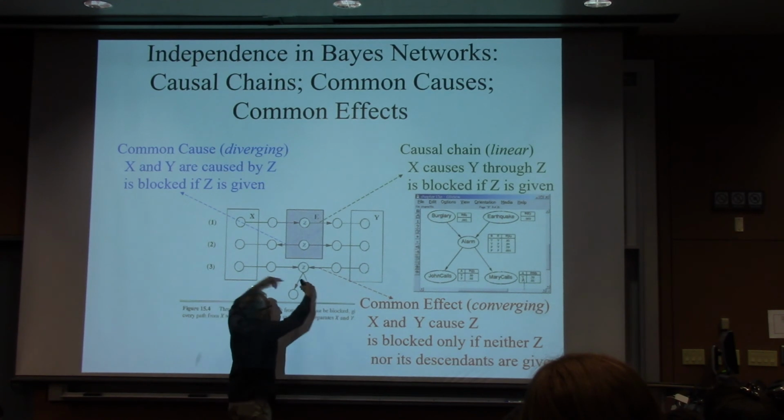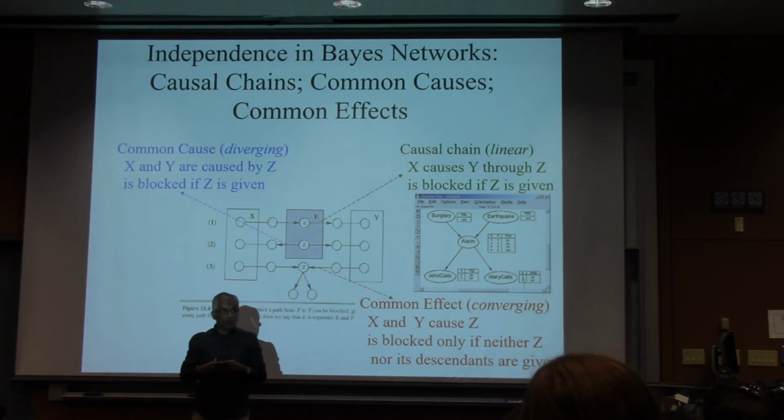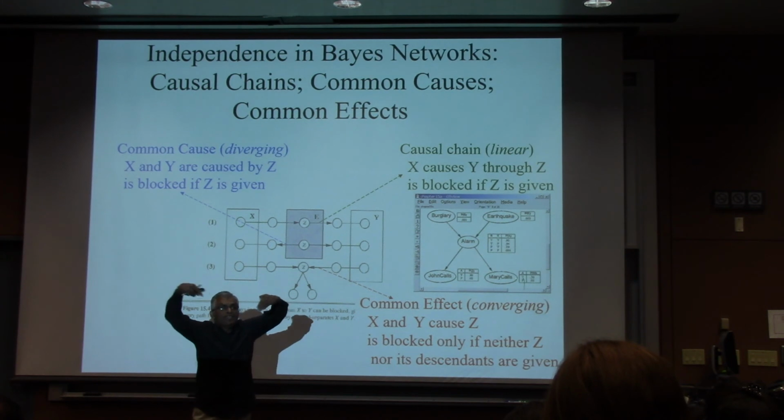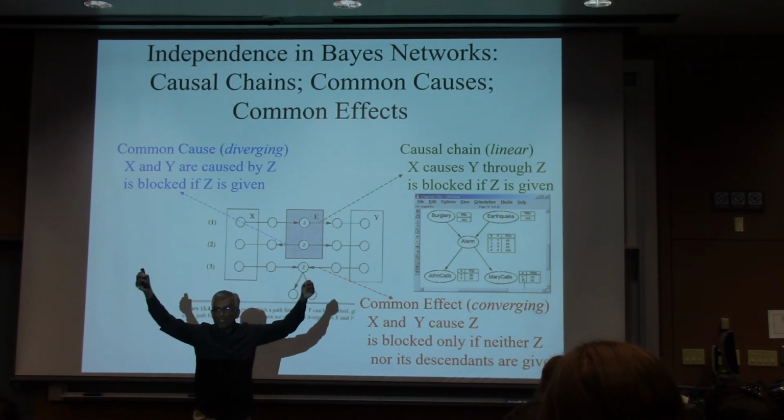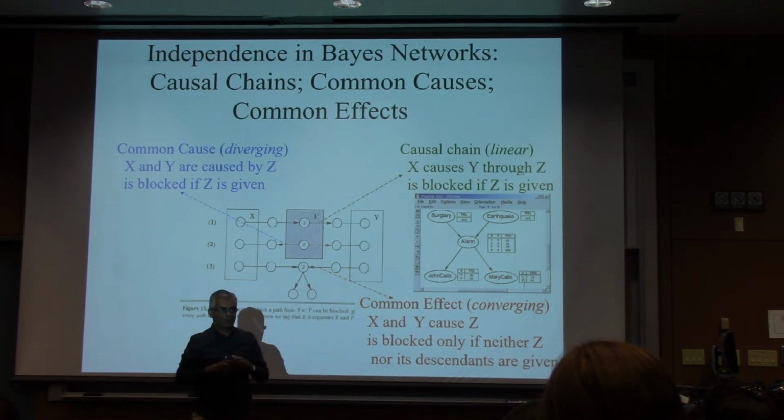where the two arrows at the evidence node are coming in, not going out but coming in. That means Z is a common effect of both X and Y. That's what happens in alarm given burglary and earthquake. Both earthquake and burglary are causing alarm.